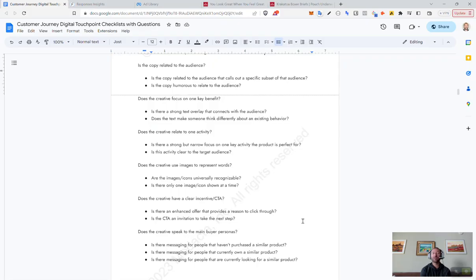Is there messaging for people that are currently looking for a similar product? 100%. How do we help people make a decision? If someone's looking at your product and it's a commoditized good, which most things are at this point, we need to differentiate how ours is different. And usually it's not a matter of feature benefits.